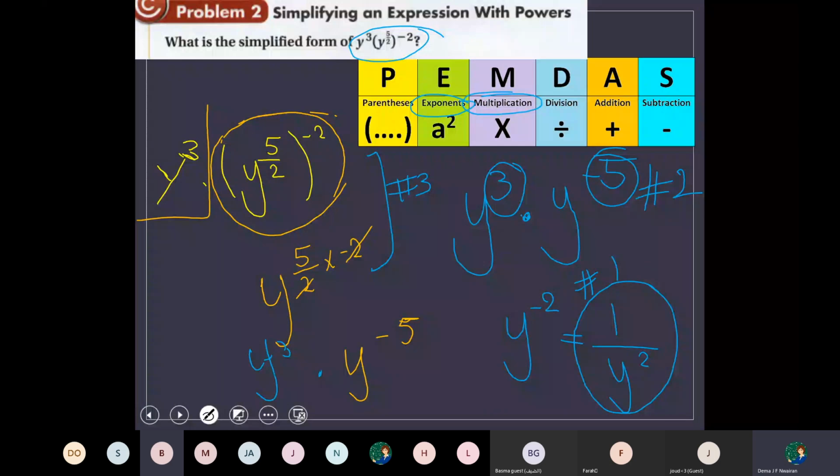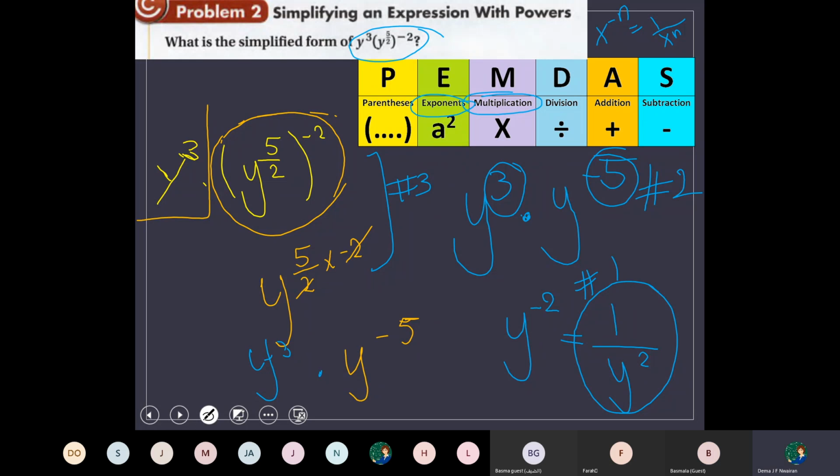Teacher, I didn't understand why you take the negative 2 with the 2. Here, to simplify it, do you remember lesson number 1? When we have x to the power negative n, it will be 1 over x to the power n. Yeah, but teacher, this is not my question. I mean, when we get y, 5 over 2 multiplied by negative 2, why did we take the negative 2 with the 2 and not with the 5?